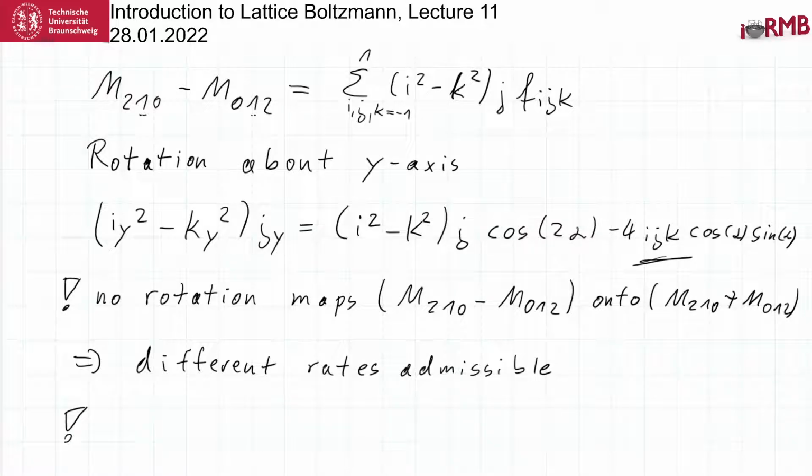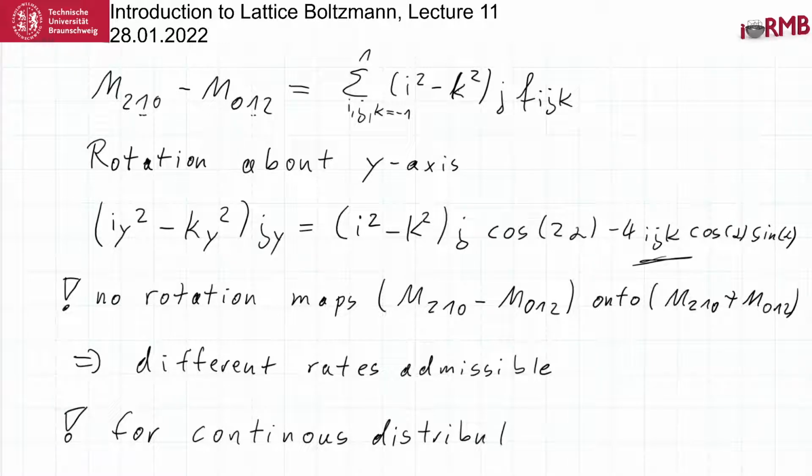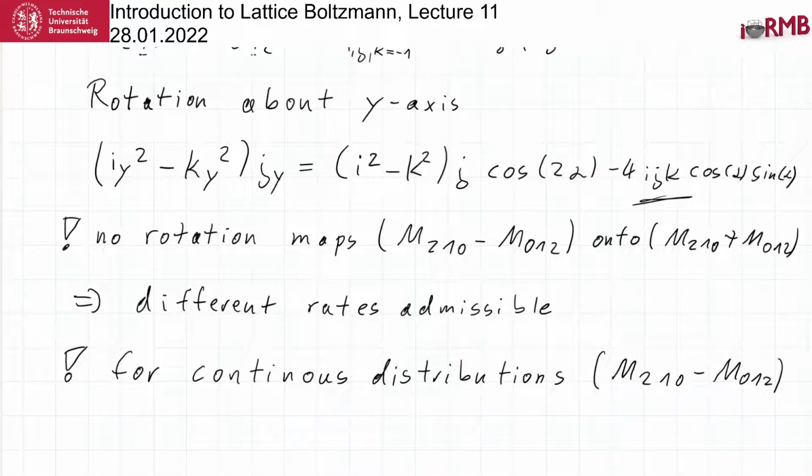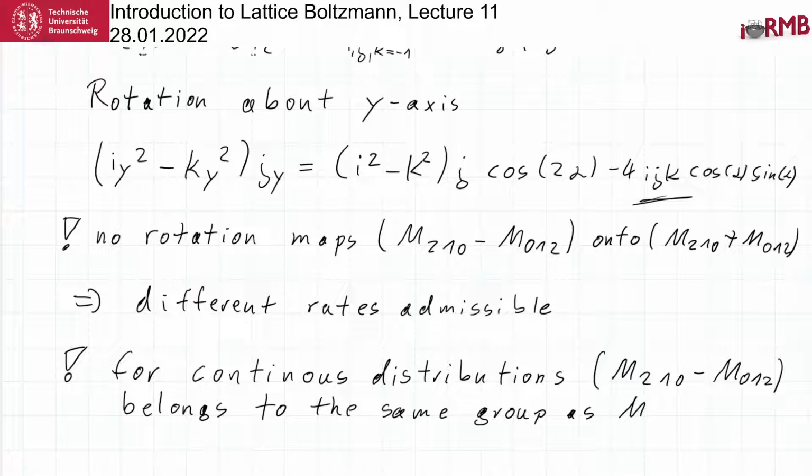The other observation, which we already made, is that for a continuous distribution function, so that would be one with an infinite number of speeds, not on a lattice, under these conditions this M210 minus M012 would belong in the same group as M111.